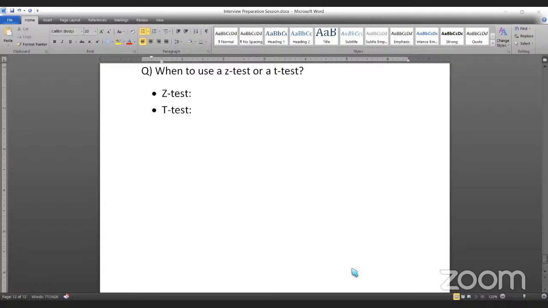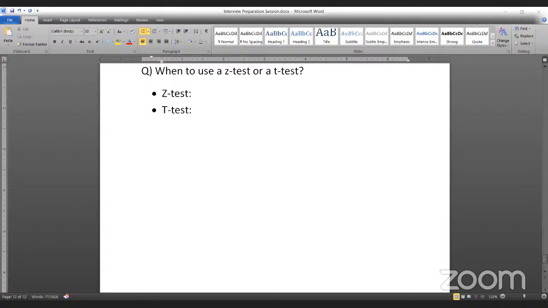So this z-test is used for hypothesis testing in statistics when we have a normal distribution, and it is used to determine the variance in a population. It is used when the sample size is large, and a large sample size is generally considered to be greater than 30.